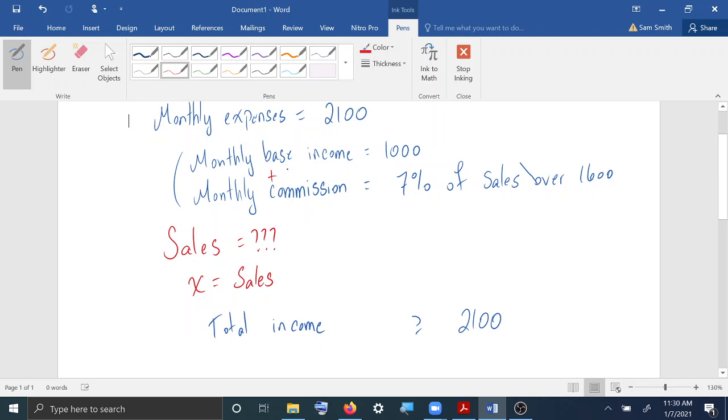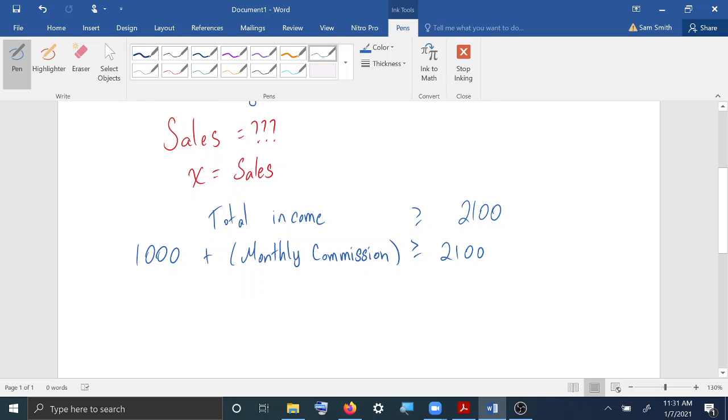The monthly base income is a flat $1,000 a month, so I'll write 1,000 and combine that with the monthly commission. And we want that to be larger than our $2,100 monthly expenses.